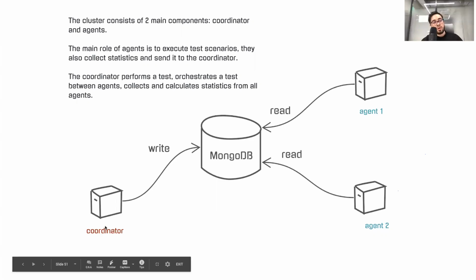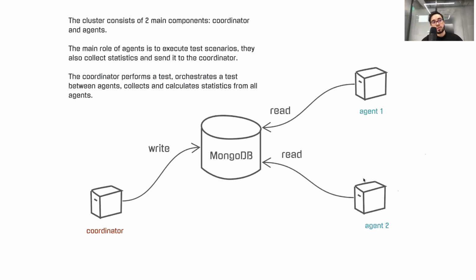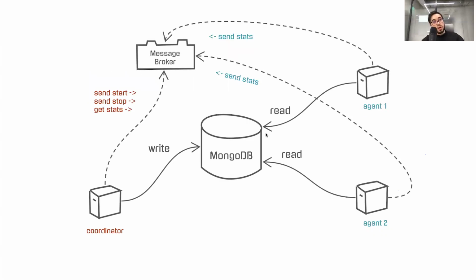And for each run, the coordinator will spread the configuration to these two agents. Every time it will be a new configuration. They will read it, apply it and execute. That's pretty much it. How do they communicate, how do they know about each other?